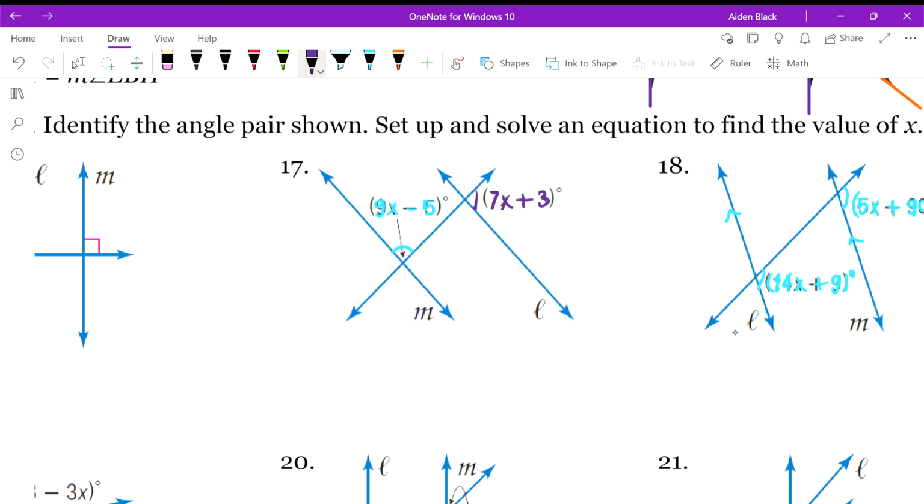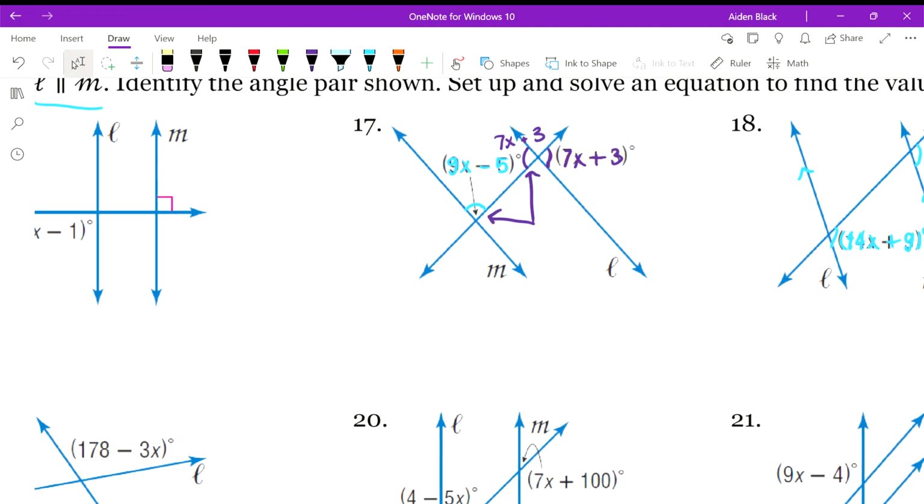But what I can say is by vertical angles, this angle right here must also be 7x plus 3. And in which case we can look at the relationship of these two angles. They're on the same side of the transversal, and they're on the inside of the parallel lines. Therefore, they must be same side interior, which means they are supplementary, which means we can write the following equation.